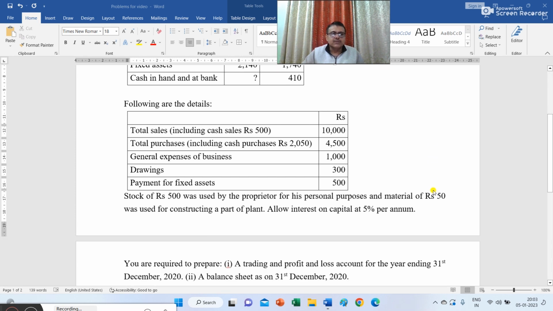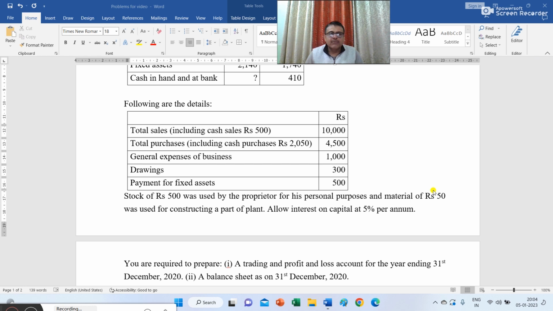Following other details. Total sales including cash sales 10,000, and cash sales of rupees 500. Total purchase is 4,500 and cash purchase is 2,050. General expense of business is rupees 1,000. Drawings 300, payment for fixed asset is 500.